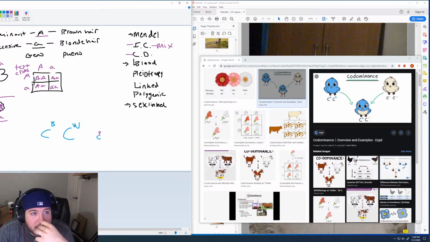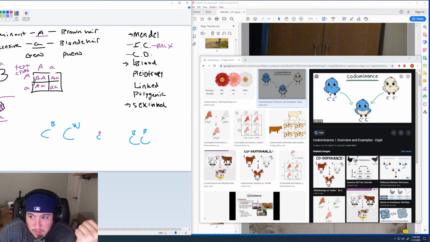So what that means is that if we have a bird that has both of these traits, both blue traits, that bird is going to be blue. If we change that to, now we have a bird that still has two dominant traits, but now they have a blue trait and a white trait, that's going to give us a blue and white bird, okay?